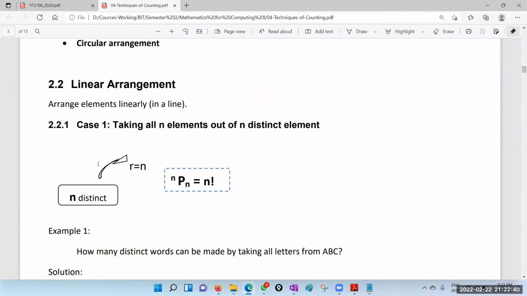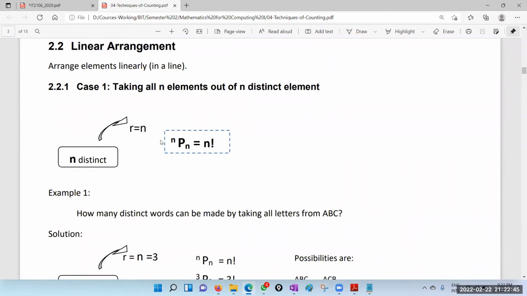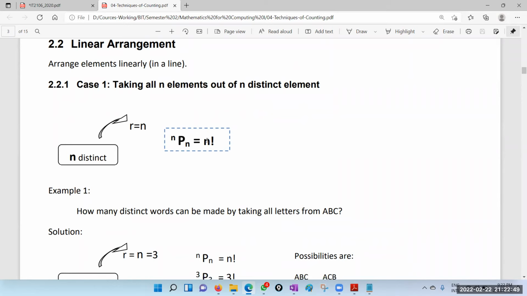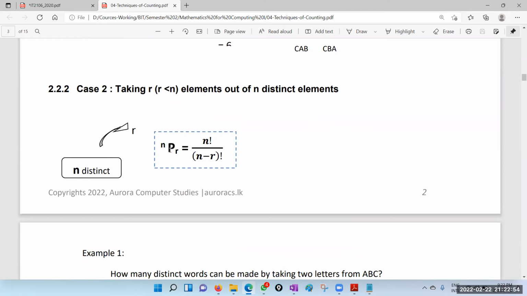Right. So when we have n, and if you take all n and arrange, factorial n. If you have n and you take r and arrange, nPr is factorial n divided by factorial n minus r.